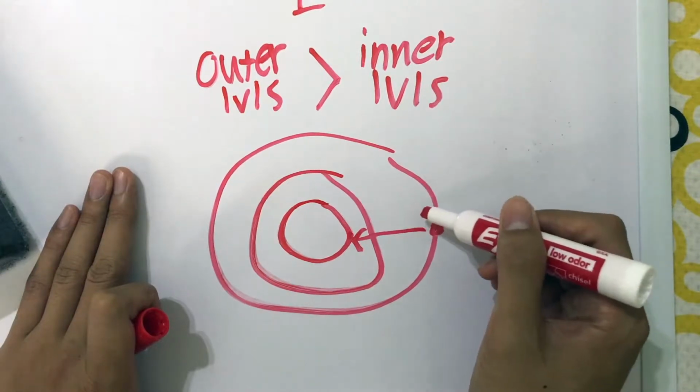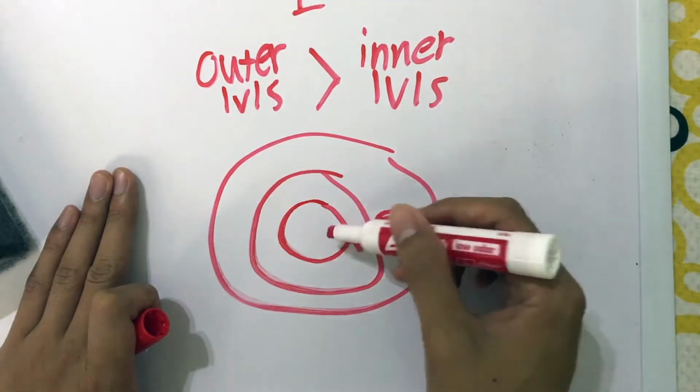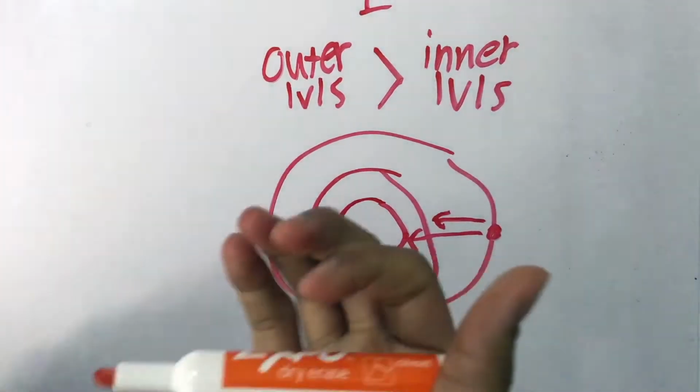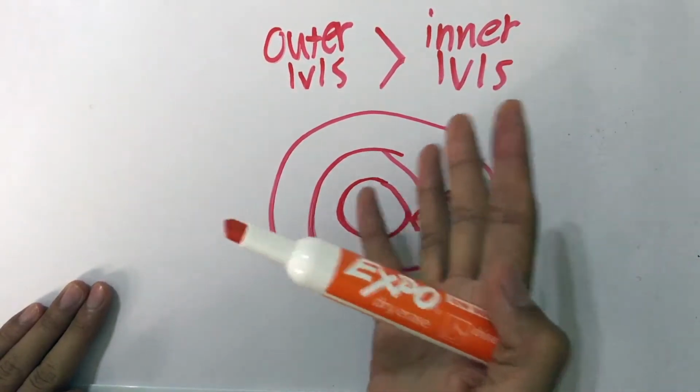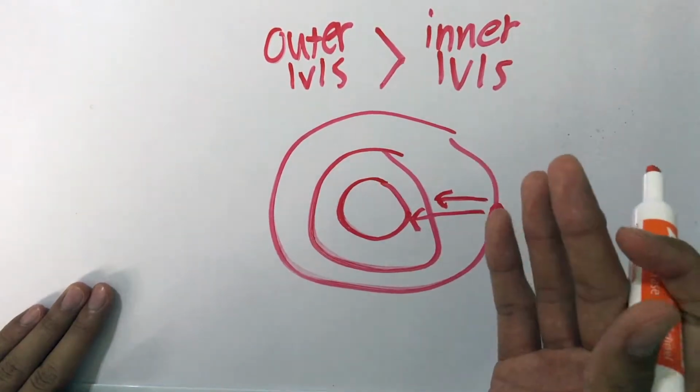So we can say it jumps to this energy level first, or jumps to this, and it skips this second energy level. So we can always determine the energy of the photon by getting the difference in the energy levels and subtracting them to get the final energy.